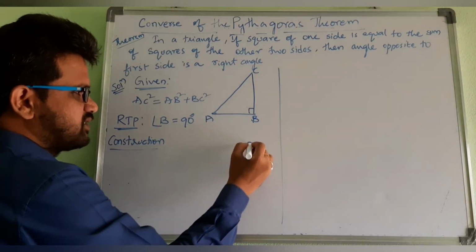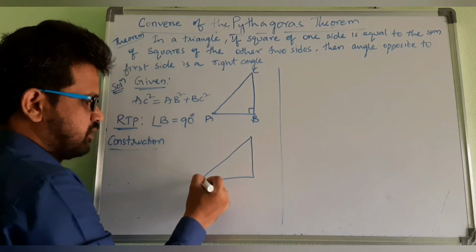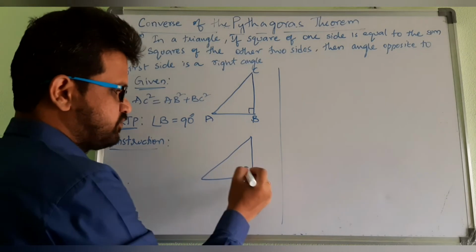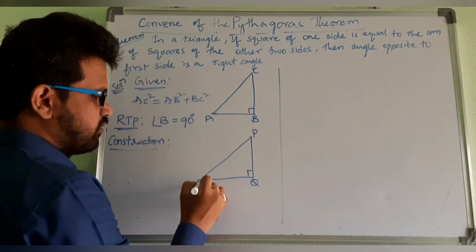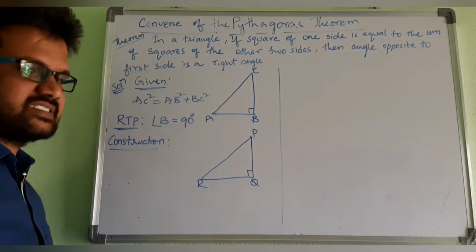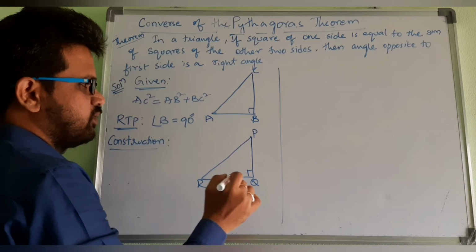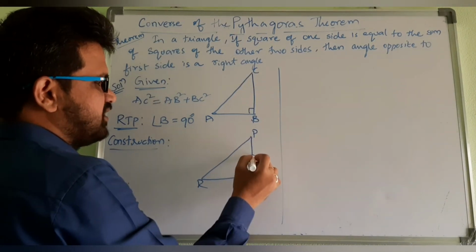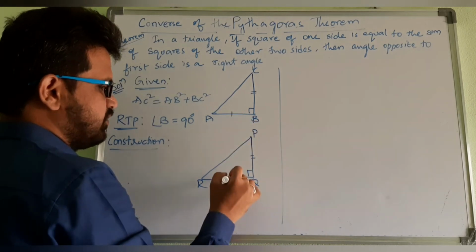So what I am doing is constructing one more triangle, PQR. How to construct the triangle? BC is equal to PQ and AB is equal to RQ.